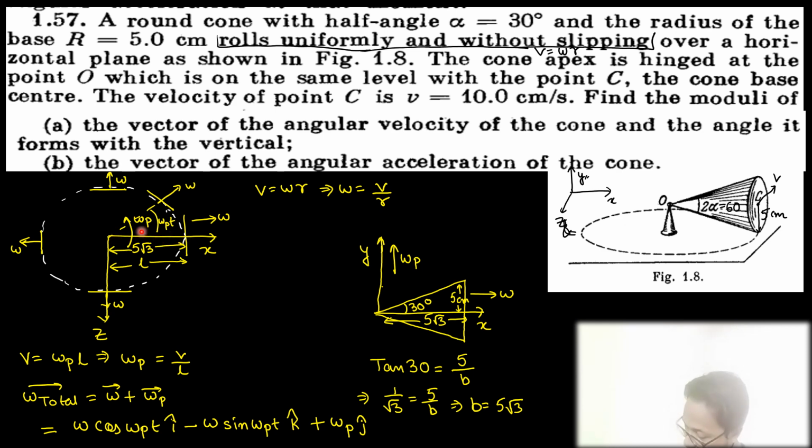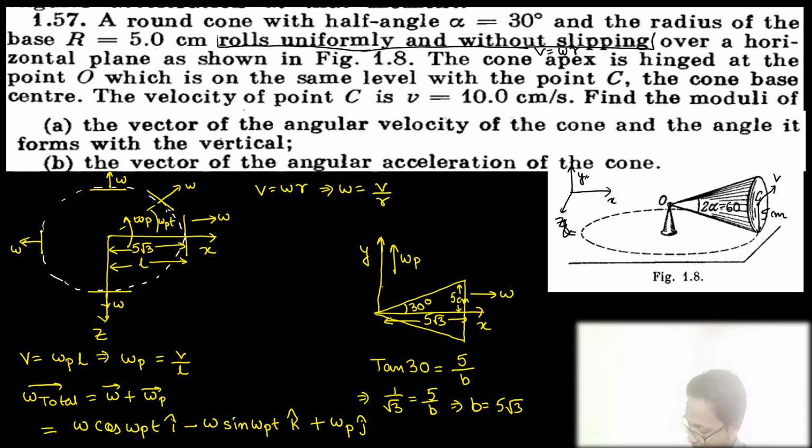Although the centripetal acceleration is in this direction, its direction changes with respect to time. Similarly, although the resultant velocity vector will be in this direction, omega plus omega p, this vector would keep rotating with the same magnitude, along this circle.